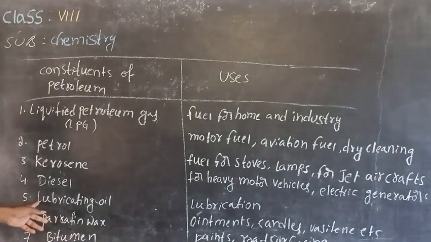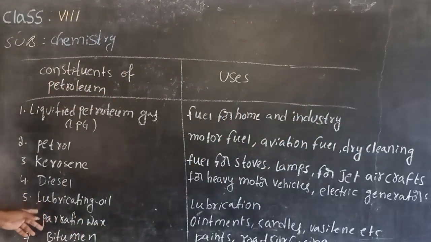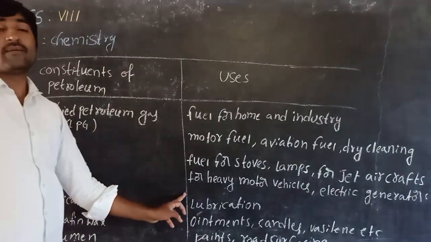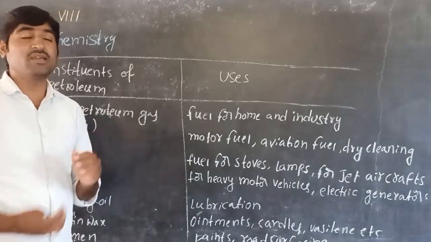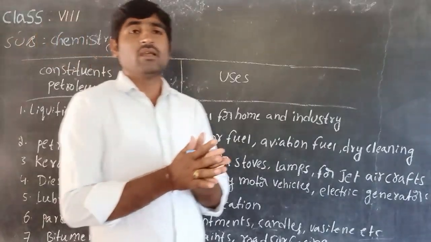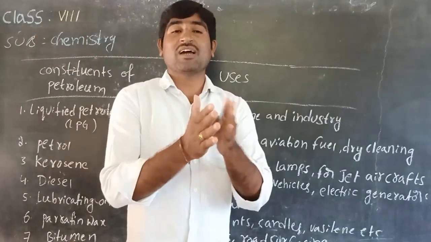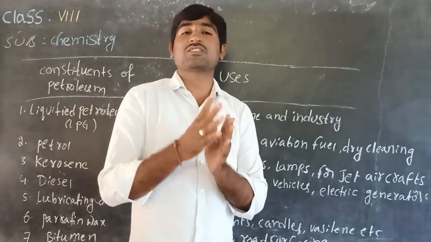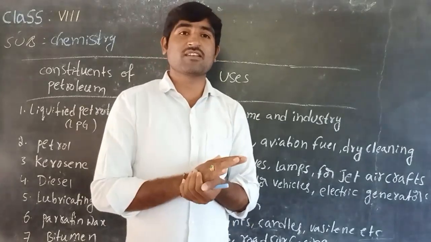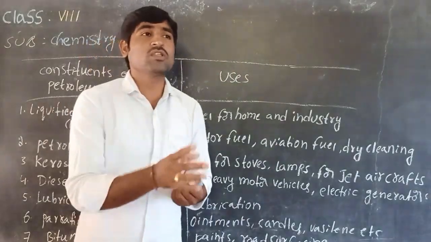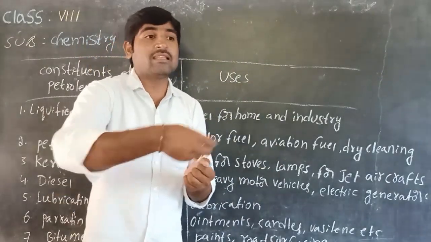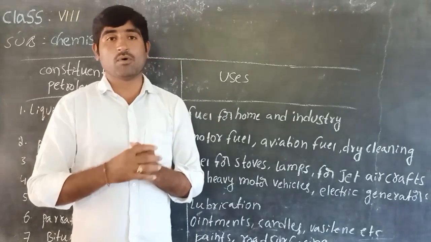Next, lubricating oil. Lubricating oil is used for lubrication. Remember the meaning of lubrication, children. What is lubrication? Lubrication means if the friction is more, then we need to reduce the friction at that place. Then we use some kind of oils or powder. For example, when you play carroms, to move the coin very easily, you sprinkle the powder on that carom board.